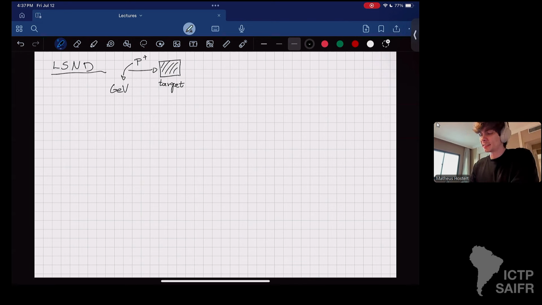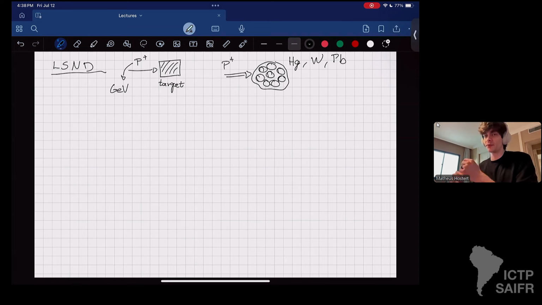And what that means is that inside of the target, instead of producing mesons that fly in the forward direction, what really happens is the protons hit very heavy nuclei. In this case, it could be, for instance, mercury or tungsten or lead. And the proton, being relatively low energy, basically enters inside of the nucleus, and it kind of bounces around a little bit.